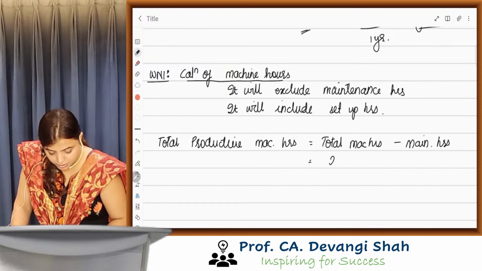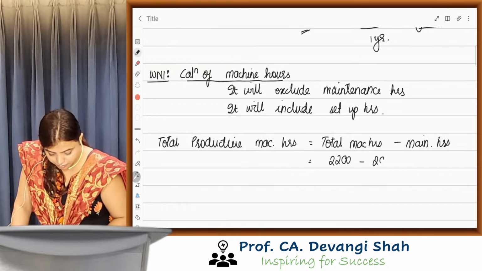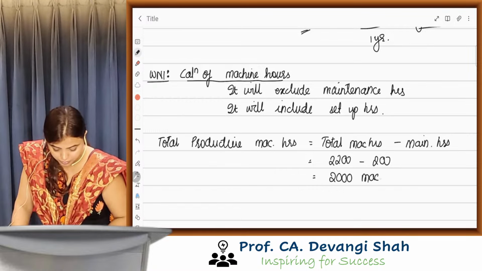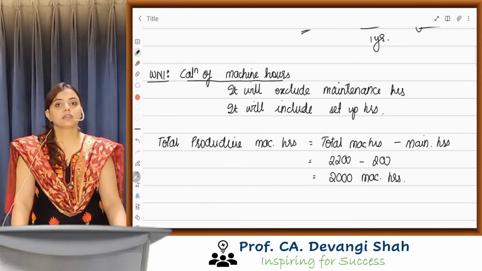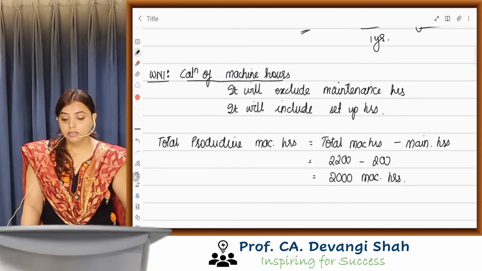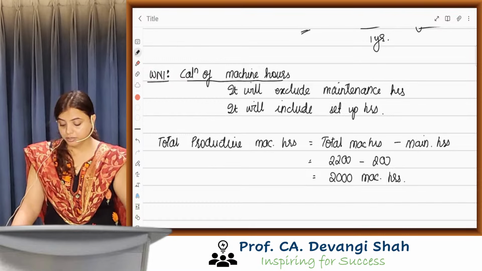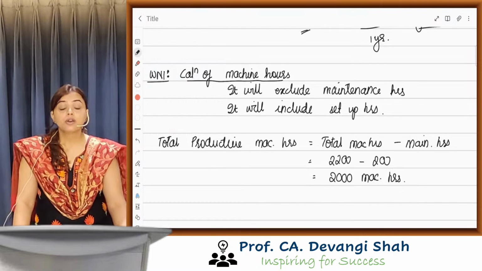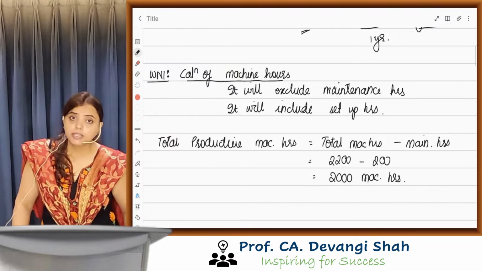The total hours are 2200 minus 200, you get 2000 machine hours as productive. Got it? So this, friends, is the denominator, machine hours. We have taken these machine hours for one machine for a year.